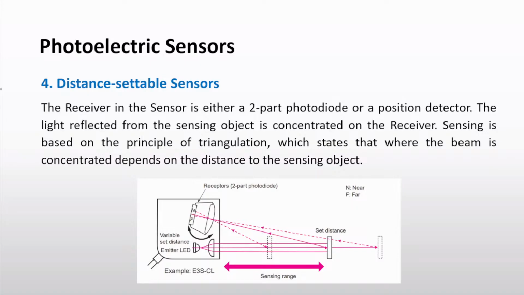right? When the object is at position 1, this angle we can consider as alpha. If the object is at position 2, the reflected angle we can take as beta.